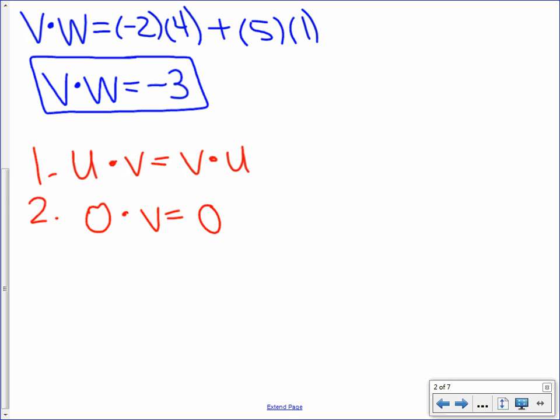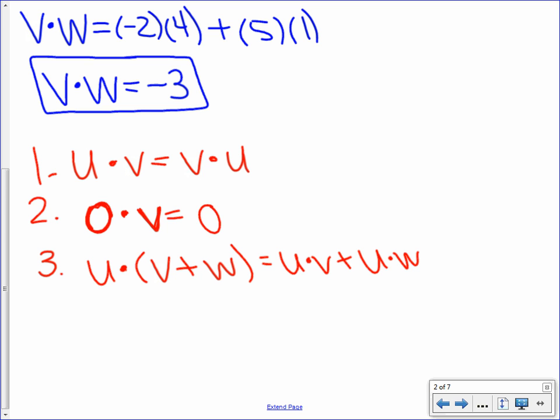The number 0. This is the vector 0 dot vector v, and we get the value of 0. Number 3, u dot v plus w. The dot product is like multiplication. So u dot, the dot product of u and a sum is the same as u dot v plus u dot w. It acts the same as multiplication would with the distributive property.